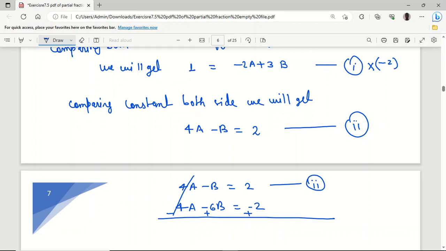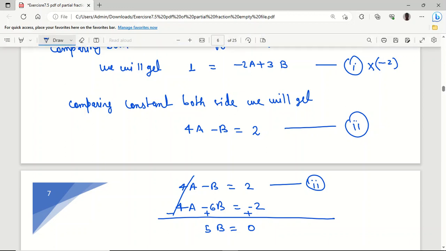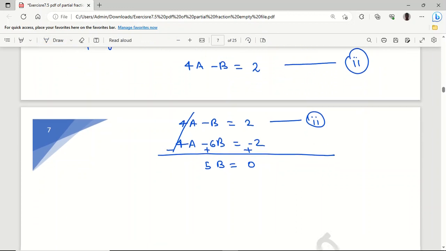So I'll get 6 minus 1, 5b equal to 0. So here I will get 5b equal to 0. So the value of a will be 2 upon 4. So I'm getting 1 upon 2.